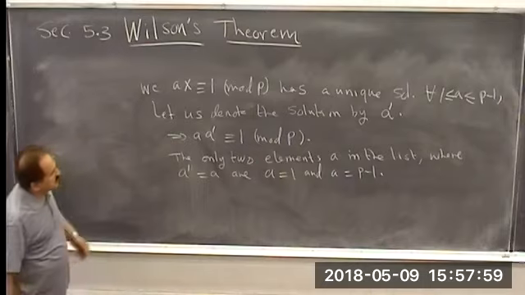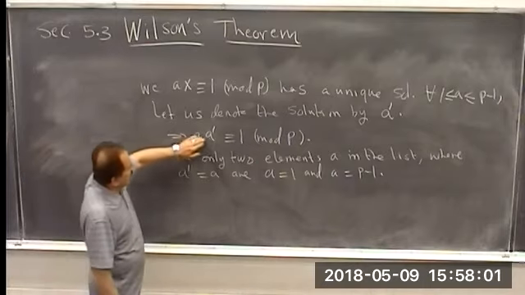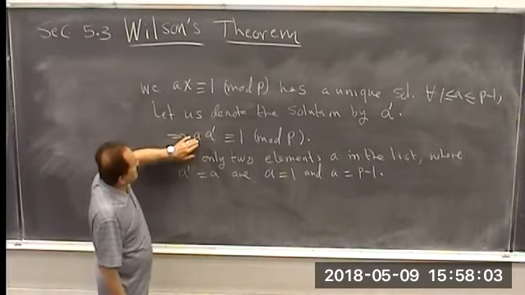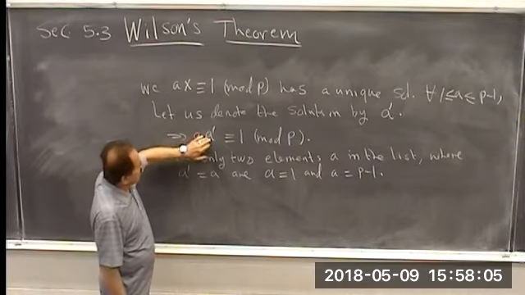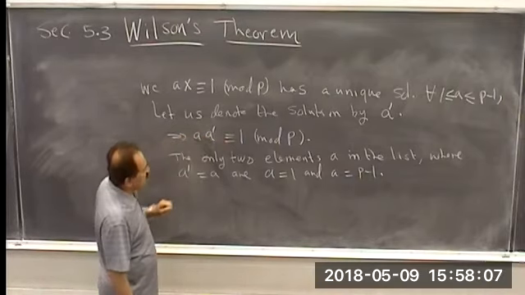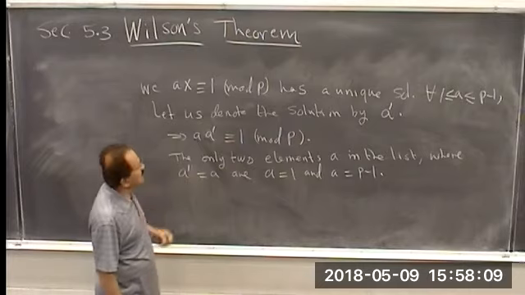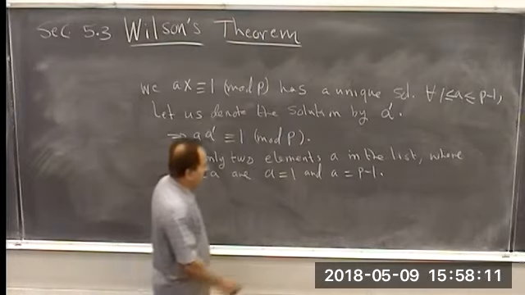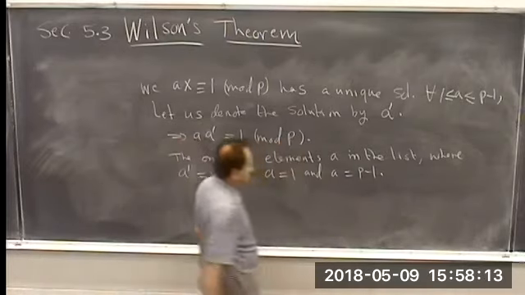All right? So in this case, when a is 1, then a prime is 1, and the congruence holds, and this also holds when a is p minus 1.